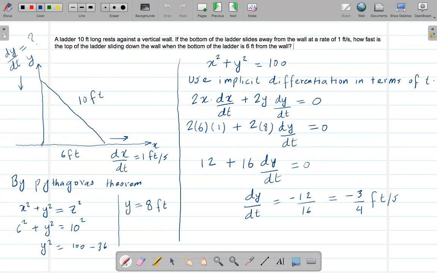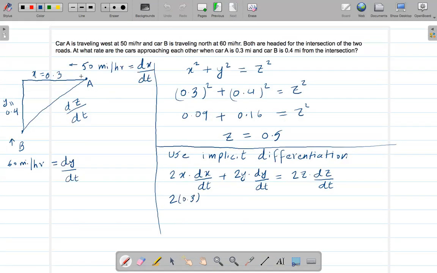If you are calculating the distance, the distance is going to decrease. Similarly here, when this is going toward the intersection, the length is decreasing. That's why dx over dt here is negative 50. Let's not write the unit here, but the value is negative 50.